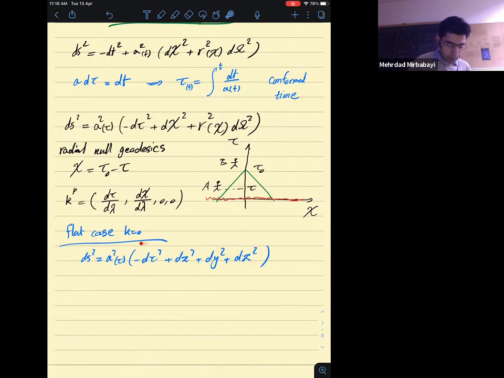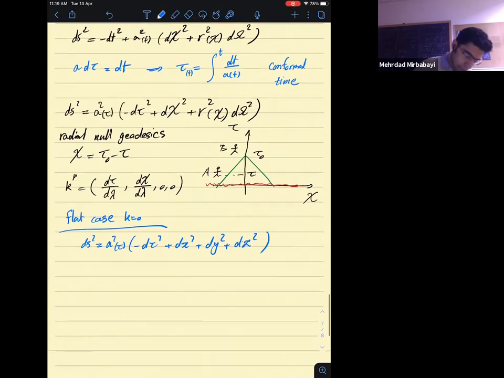Now, in this metric, we can see easily that there is no x dependence, right? There is tau dependence, but no x dependence. And we know that when the metric is independent of a coordinate, we will have a conserved quantity along the geodesic. So what does it mean?